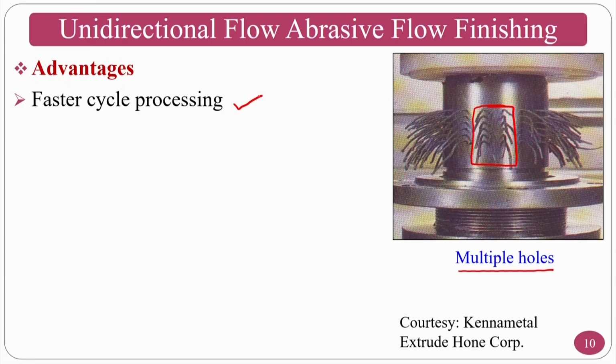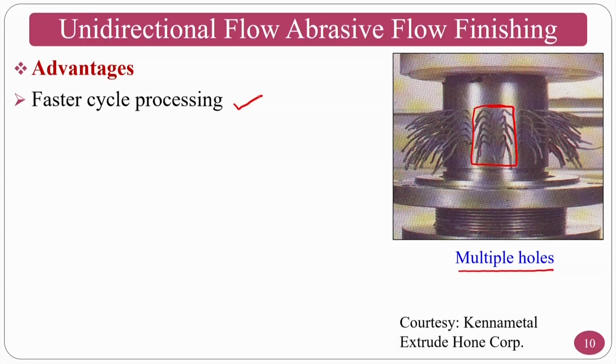The only thing to note in this picture is that there is no automatic medium collection unit here. Once the medium is extruded through the holes and comes out, external people or an external system will collect it and manually place it back inside the medium cylinder.